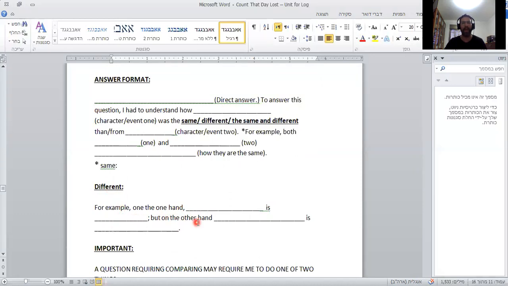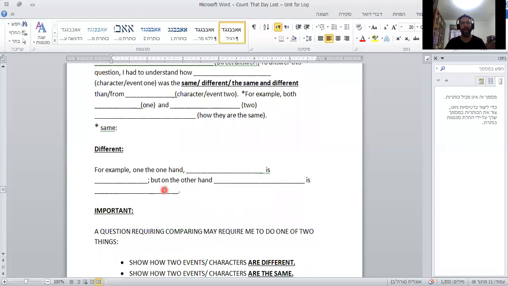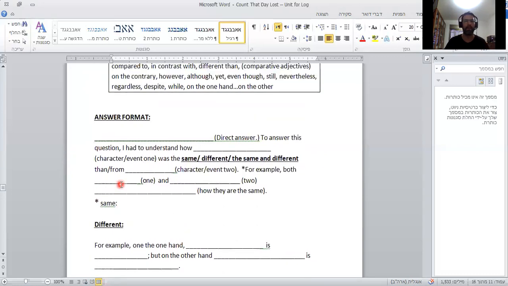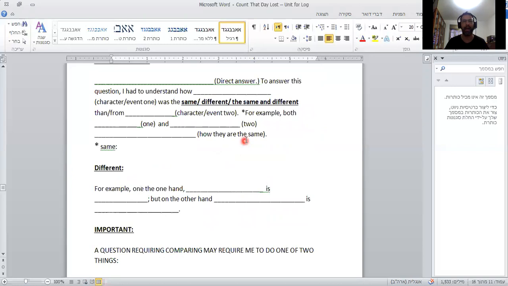But on the other hand, bananas grow on a plant and are part of the grass family. On the one hand, this is what they are, but on the other hand, what they are. So again, my format is basically the same, but it changes from here.